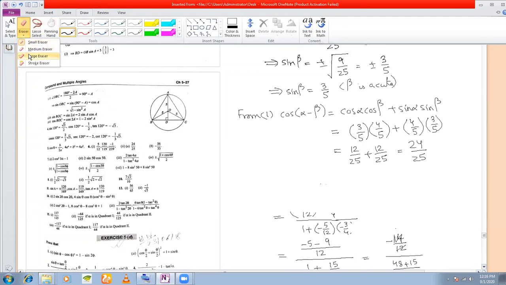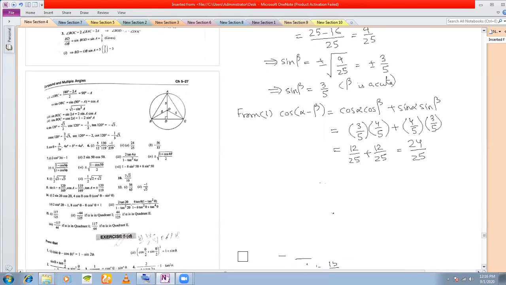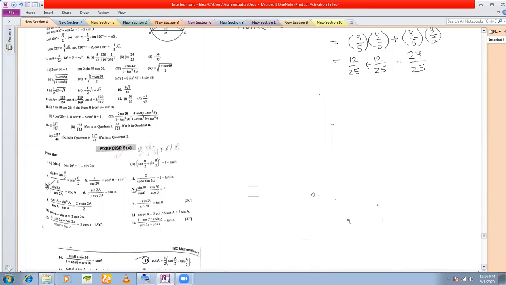Now from here, I'm going to calculate cos((alpha minus beta) by 2). From the multiple angle formula, we know that cos 2 theta is 2 cos square theta minus 1, isn't it? This is what we know.